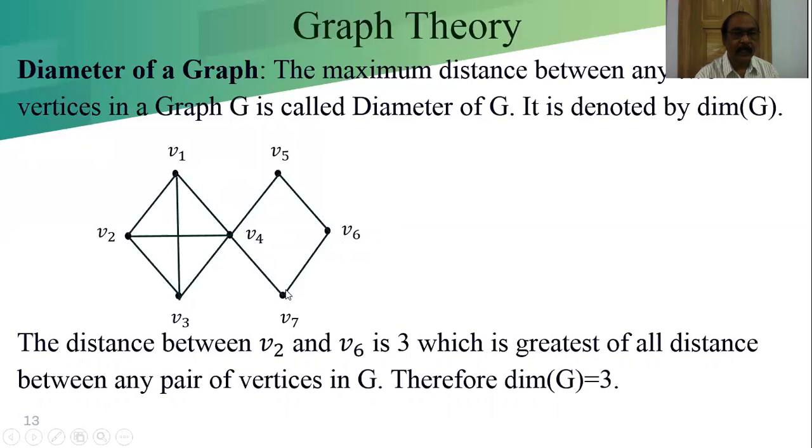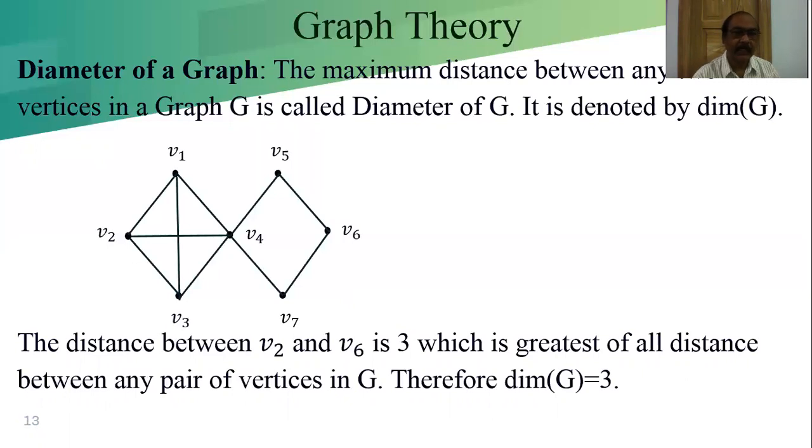Now, if we consider any other pair, we get at most 1 or 2. So 3 is the maximum distance between any two vertices.